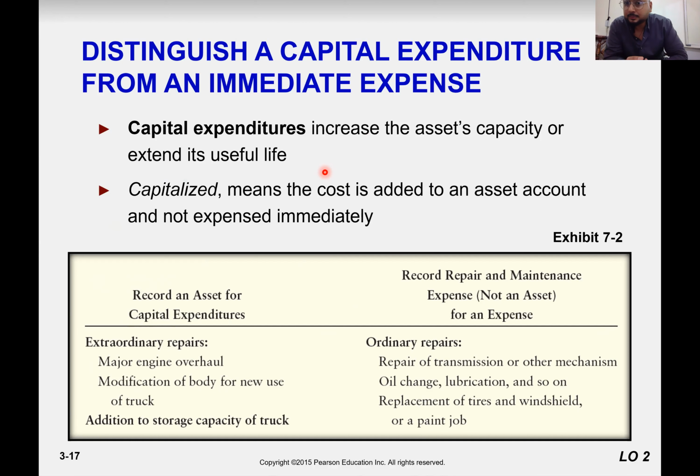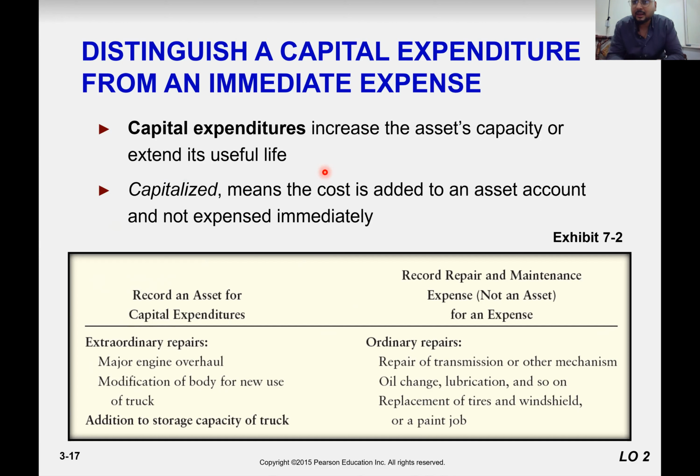Capital expense means it is not going to be expensed immediately, so this doesn't match the matching principle, right? The matching principle was that the expense should be expensed in the period to which it belongs, but the capital expenditure's life is more than 1 year, so we should divide it into periods. Year one and second year, and then we expense that.